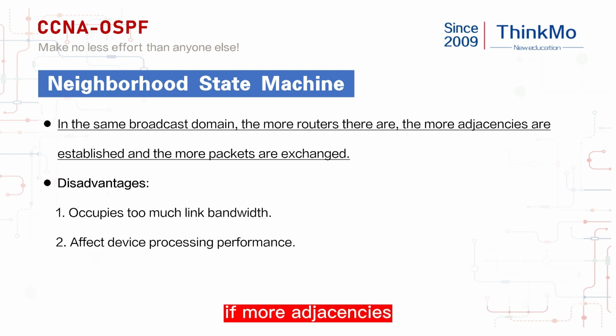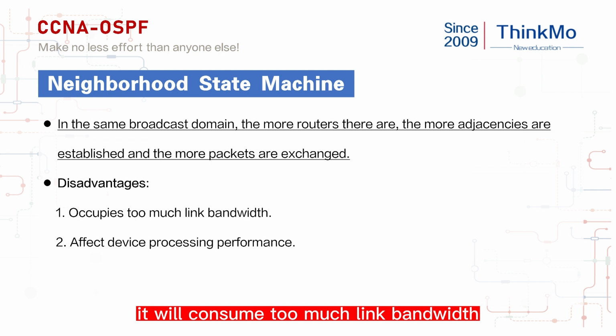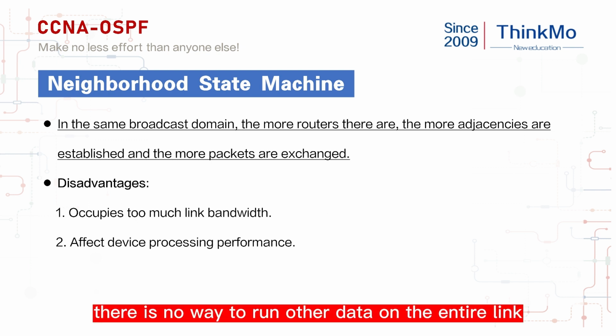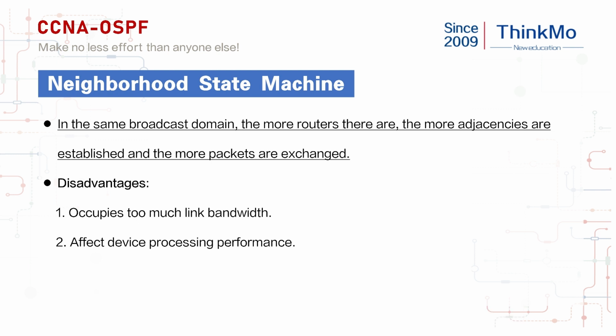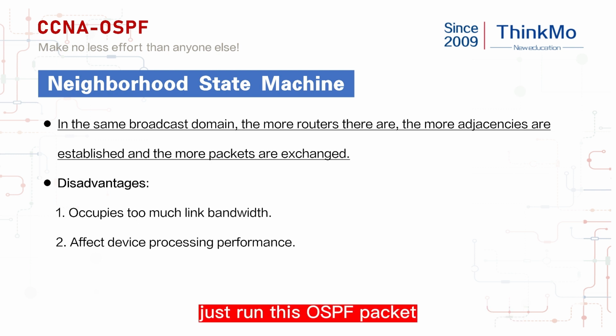If more adjacencies, then more messages exchanged. Then there are 2 problems. The first question is, it will consume too much link bandwidth. There is no way to run other data on the entire link. Just run this OSPF packet.